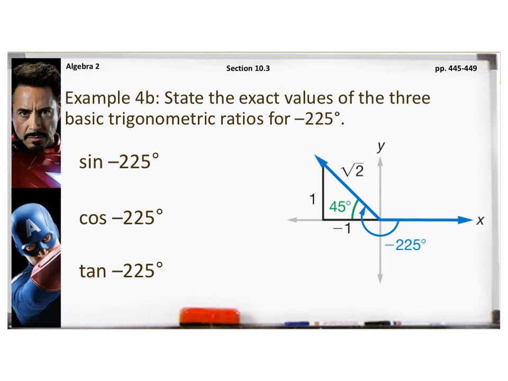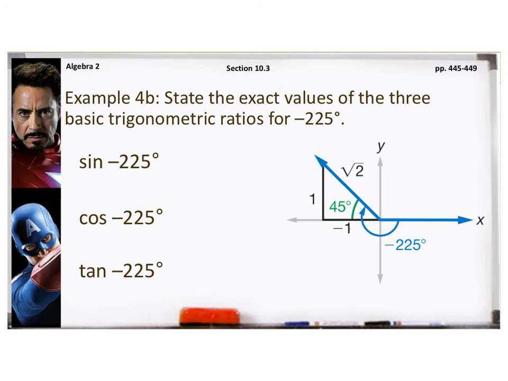All right, now example 4b. State the exact values of the three basic trig ratios for negative 225. Here we have it drawn out. This will always be important for you to remember. All right, so we're basing it on this quadrant. So, being a 45, I know my side lengths, my legs are 1 and 1. I know my hypotenuse is root 2. So, I also know, since it's in quadrant 2, that the x value is negative, so it's negative 1.